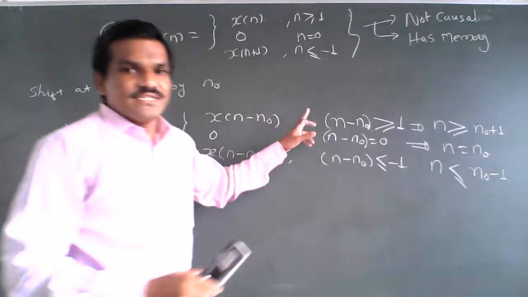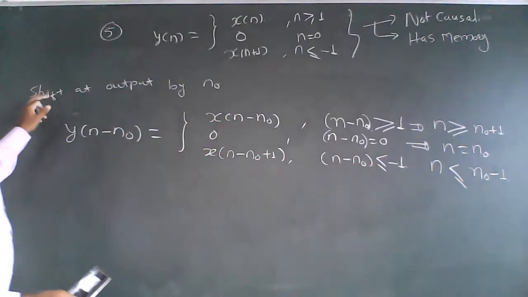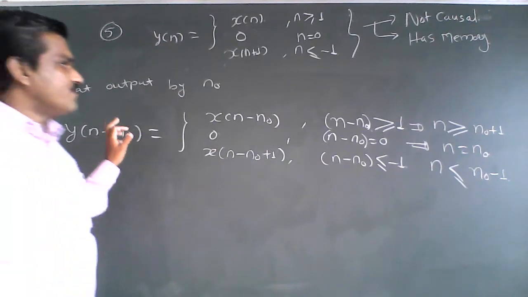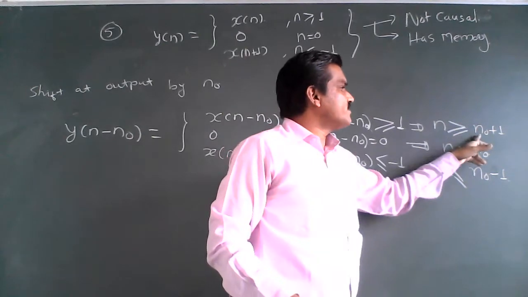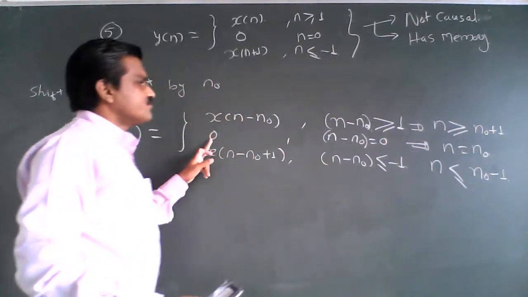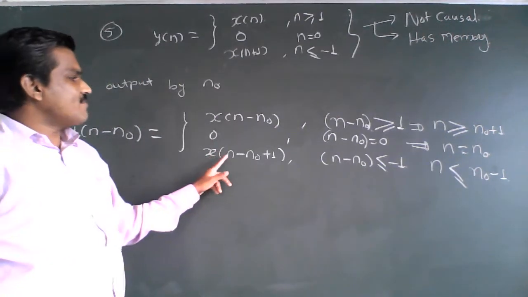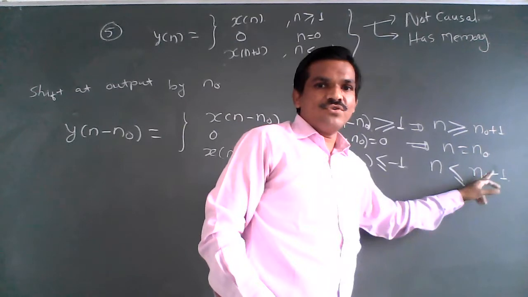So y of n minus n0 is x of n minus n0 when n is greater than or equal to n0 plus 1, 0 when n equals n0, and x of n minus n0 plus 1 when n is less than or equal to n0 minus 1.